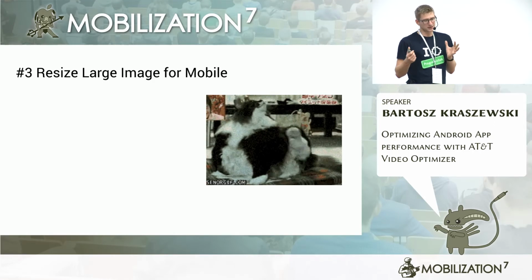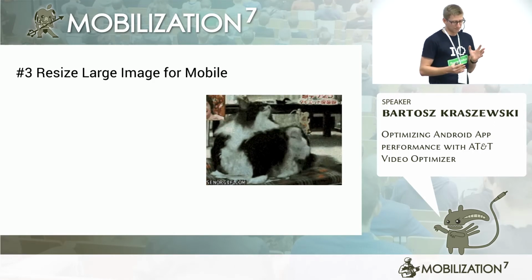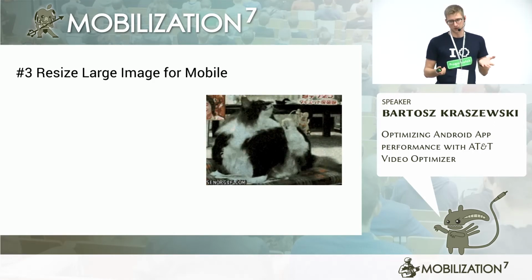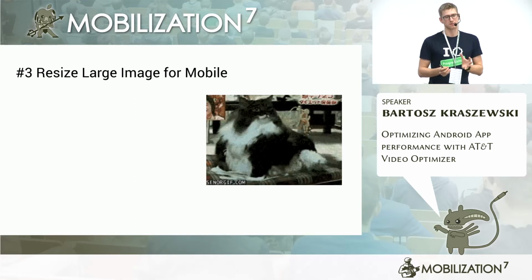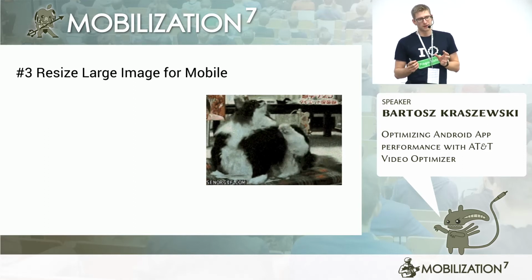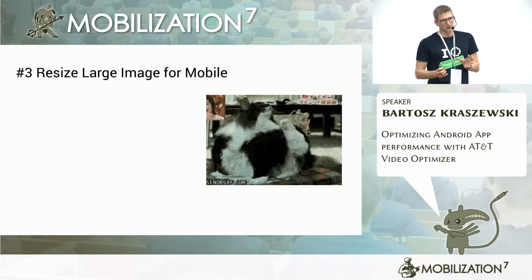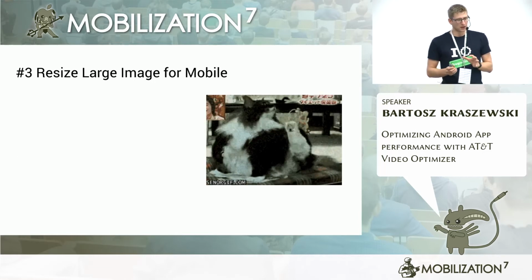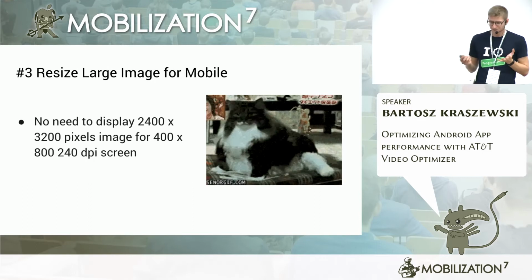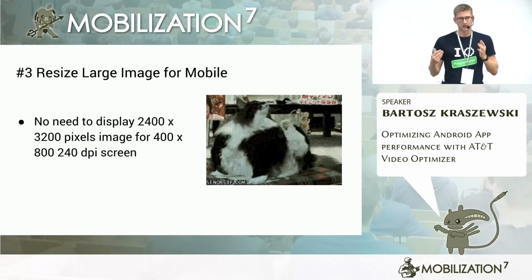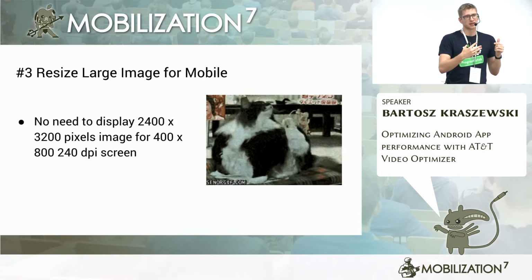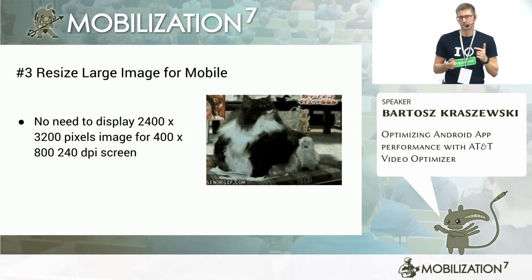And all this space, first of all, the memory gets wasted because we don't need to keep such a big image in memory. And remember that it's not only about client-side resizing, because we can also get from a server an image that is actually smaller.